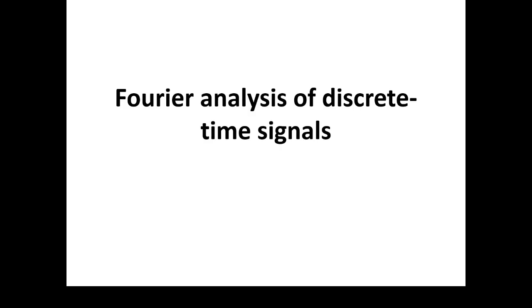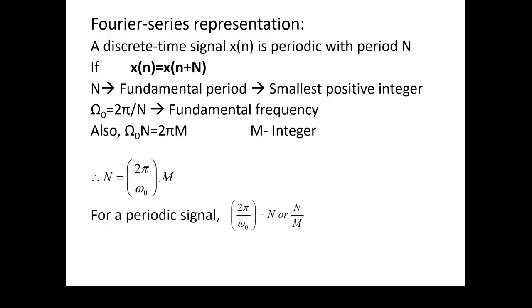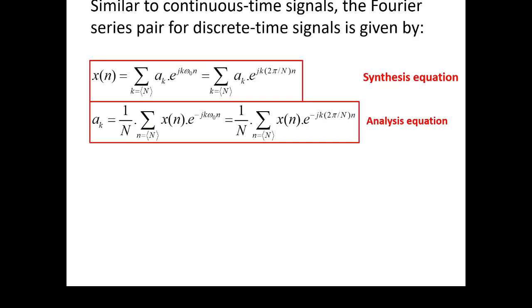Now coming to the Fourier analysis of the discrete time signals. Just like the continuous time signals, for the discrete time signals we have the discrete time Fourier series. The first one is the synthesis equation and the second one is the analysis equation.